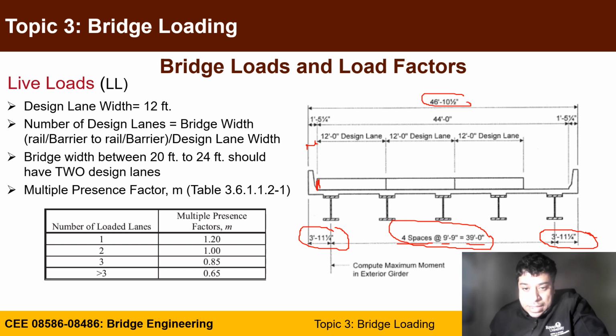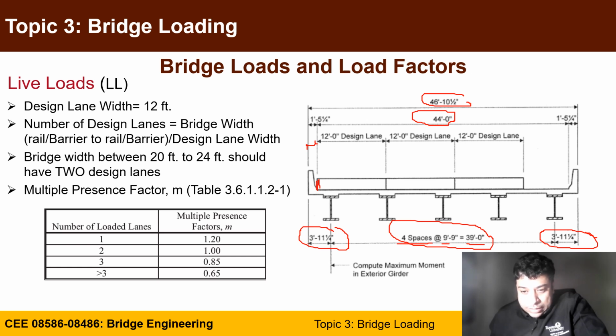The width of the barrier is 1 foot 5 and a quarter inches. So you have to subtract it from 46 feet 10 and a half inches. That gives you a clear 44 feet for this example, the width of a roadway where a truck can be anywhere through the width.